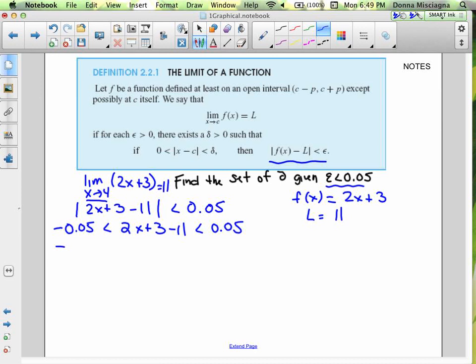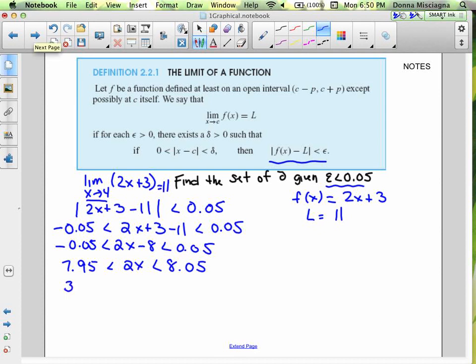That's the same as before, 2x minus 8. We'll add 8 to all three parts, so this one is going to be 7.95 is less than 2x is less than 8.05. And then we divide everything by 2.